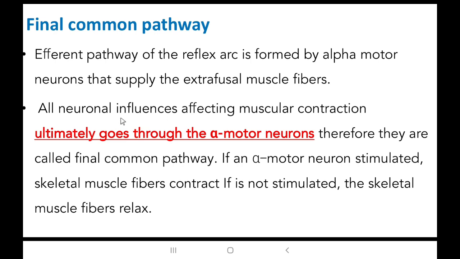So when all the neuronal influences affect muscular contraction, ultimately it goes through the alpha motor neurons. So the final common pathway is always produced by alpha motor neurons. If they are stimulated, the muscle will contract; if the alpha motor neurons are inhibited, the muscle is inhibited. Therefore it is called the final common pathway.